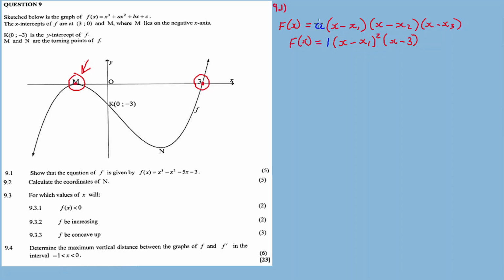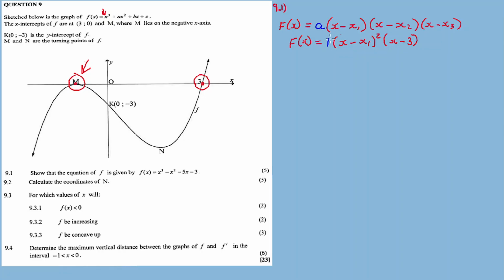By the way, the a is equal to 1 ngoba lapha uyambona basiphe no a la. This a represents the coefficient for x cubed, and a wami is equal to 1 ngoba the coefficient of x cubed is also 1.